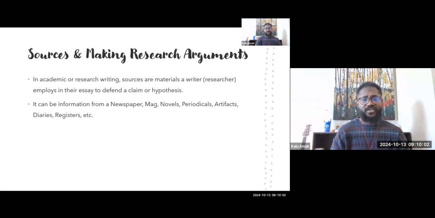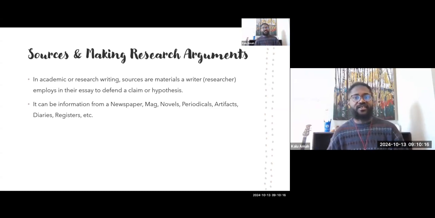These things are sources. Sometimes sources can also be objects that may have existed in a time period, and because it is relevant to your research, you go as far as referencing that particular object in your research.